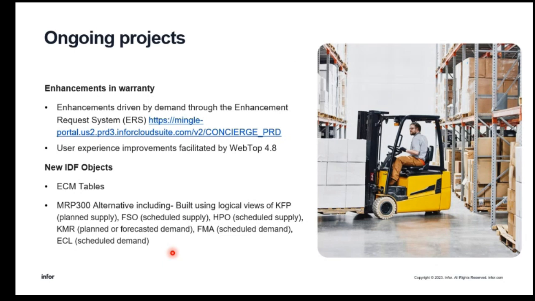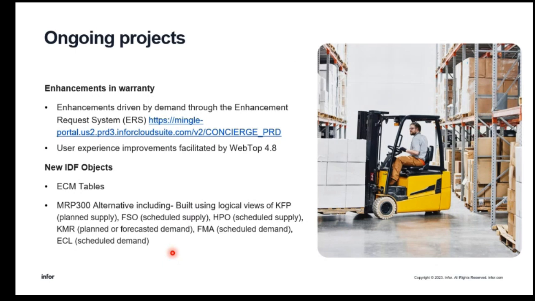Another thing we're working on, I mentioned before, when we talked about the firm and firm planned orders, we are also wanting to do something where we build a more dynamic view of all of these records, right? So when we think about it as KFP, but when you look at MRP 300, it's using a combination of KFP, FSO, HPO, FMA, et cetera, right?